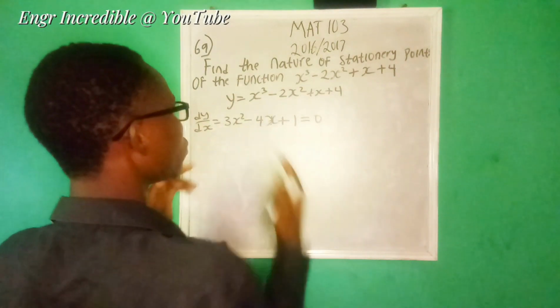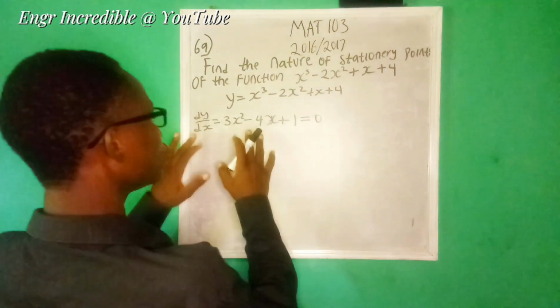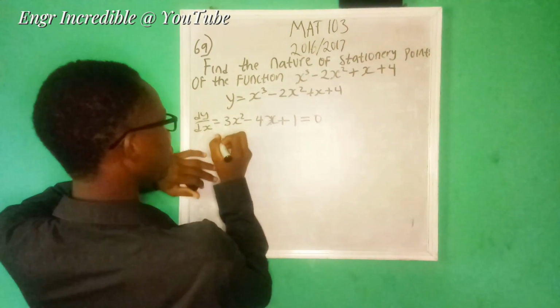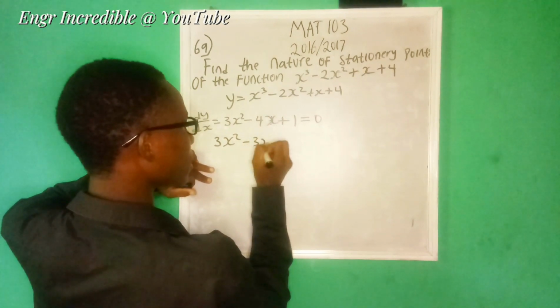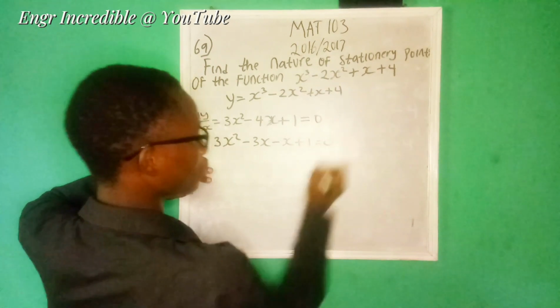From here we can find the value of x by using the factorization method. While solving this using factorization, we get 3x square minus 3x minus x plus 1 equals 0.